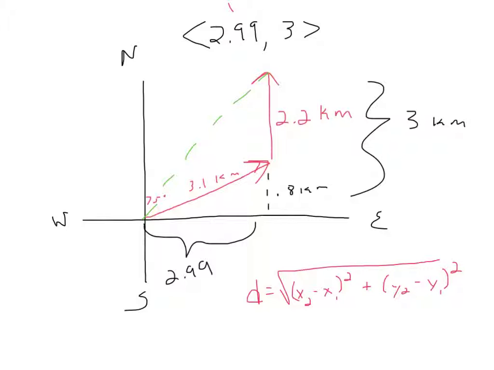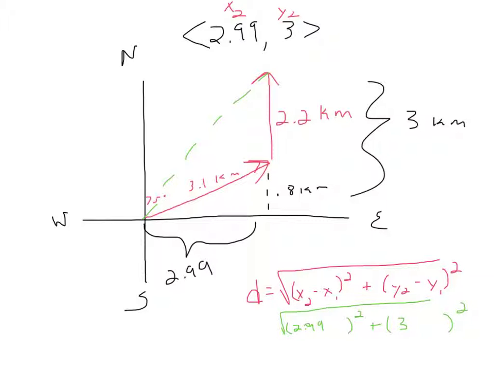If you look at that, that's essentially going to be a point. So my 2.99 is my x2, my 3 is my y2. So all I do is plug that in to what I know. Now I have the square root of 2.99 squared, plus my 3, and I'm going to square that.